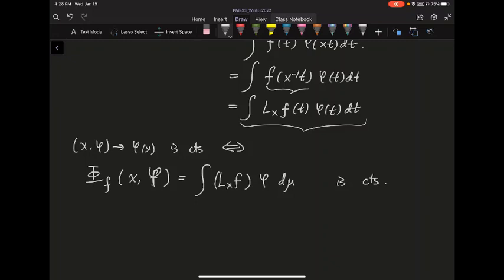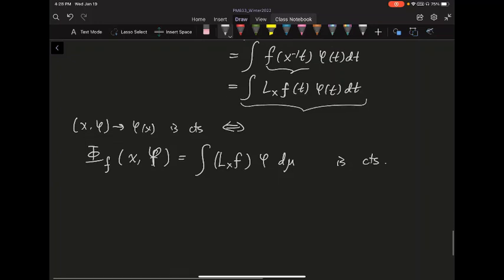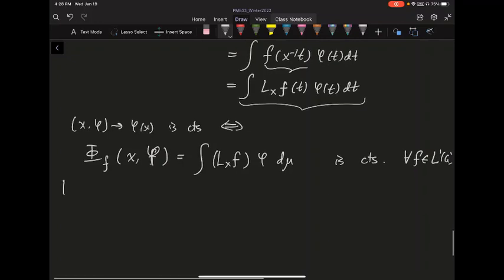So that's pretty clear. The good thing about this is that big phi of f is essentially integrating some left translation of f. So I just need to show that for every f inside L1 of G, this is continuous. So that suffices.